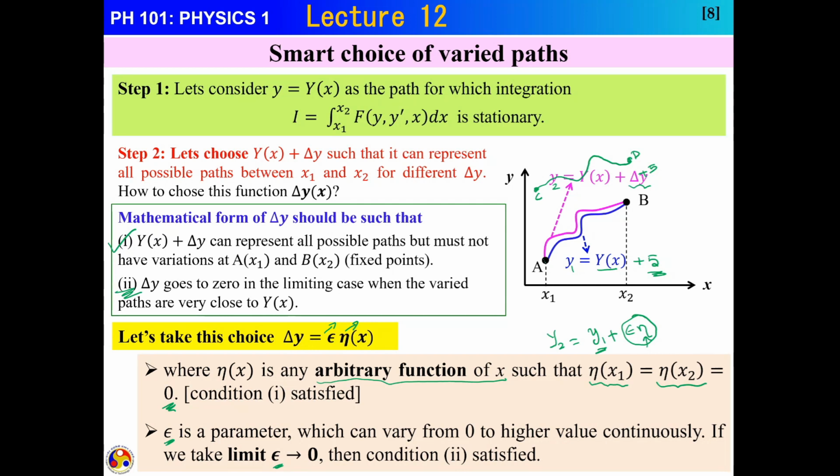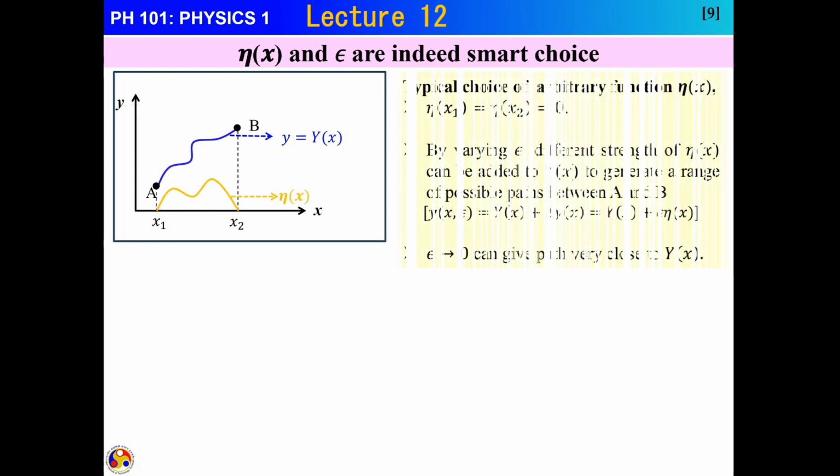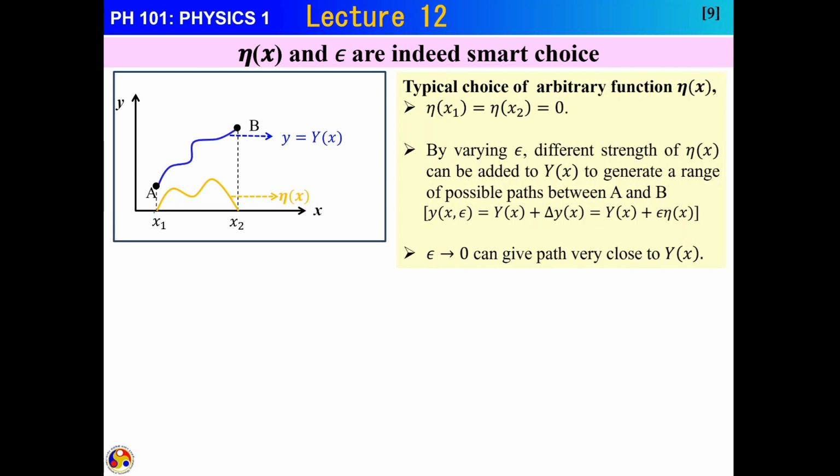Okay, now we have some mathematical functional form. Now we can introduce it to form various curves so that you can understand very clearly. So we are taking a standard curve, which is an actual path y equal to y of x, which is stationary. If I want to consider any other possible paths relating to this, let us put an eta of x, which is 0 at x1 and x2, otherwise it is non-zero.